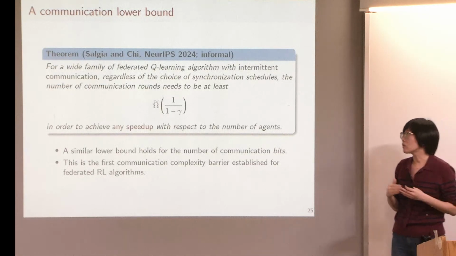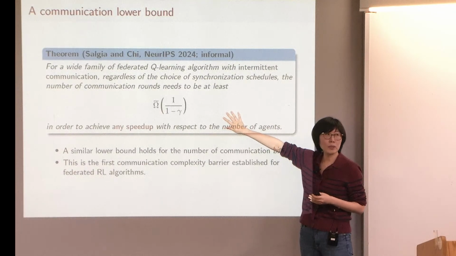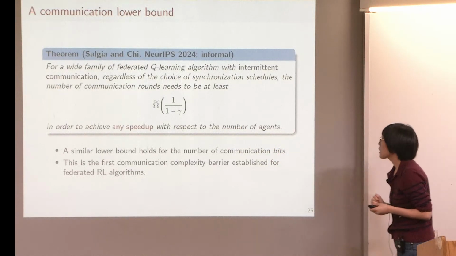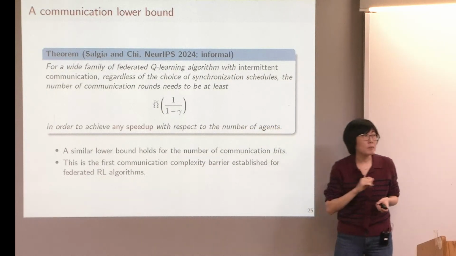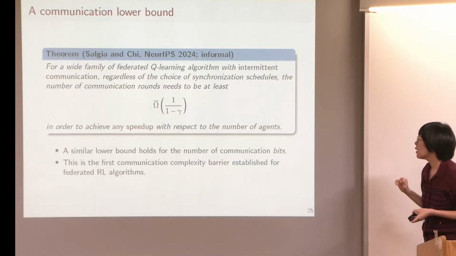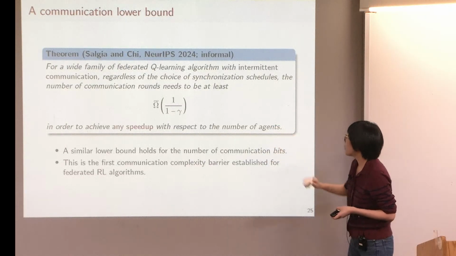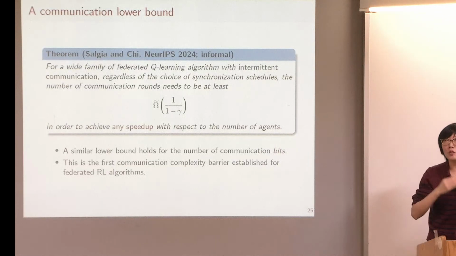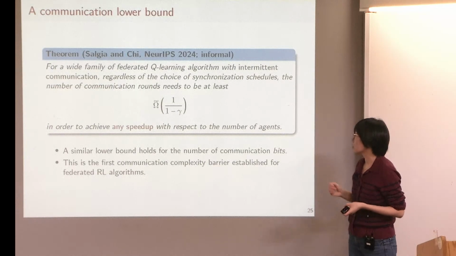That is not going to happen in terms of this price you will have to pay for long horizon problems, as long as you are hoping for any speedup. Okay. So the result here is shown in terms of communication rounds, but for the information theory folks in the room, you can also get a result in a similar style by measuring communication cost in terms of communication bits, and then you get similar kinds of lower bounds.